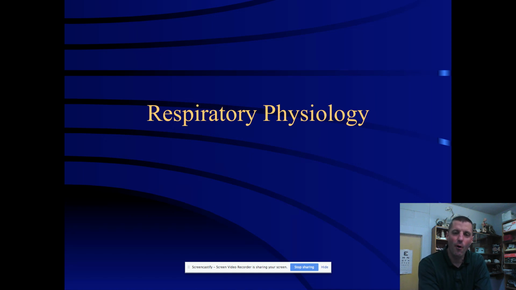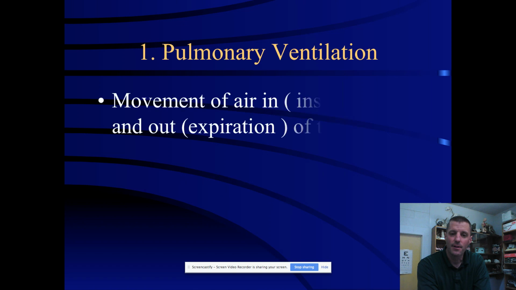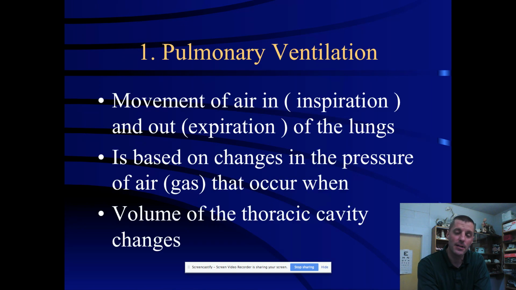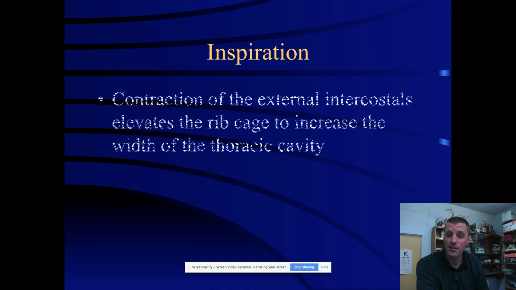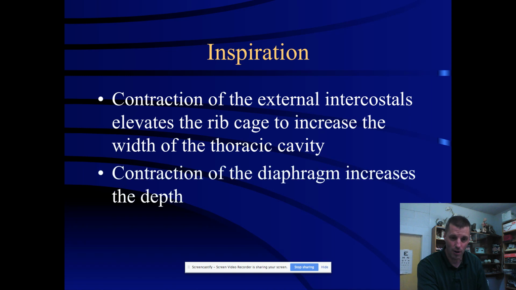Okay, this part I'm going to go through very quickly because we already talked about these first few slides. The 4 events are pulmonary ventilation. That means the movement of air in and out of your lungs, of which the inspiration part is created by the muscles of your rib cage and diaphragm expanding the rib cage and causing air to be pushed into your lungs.